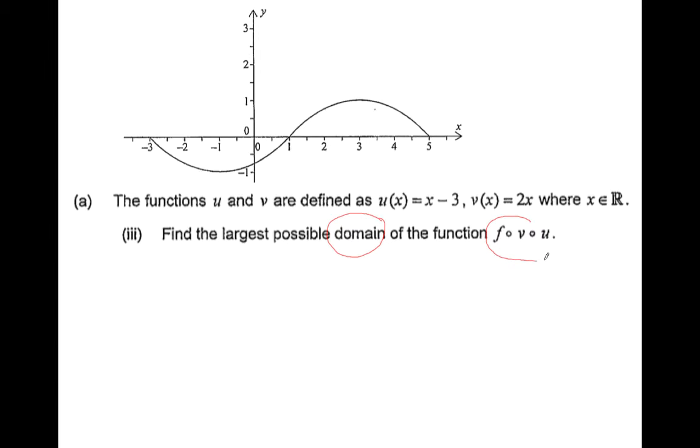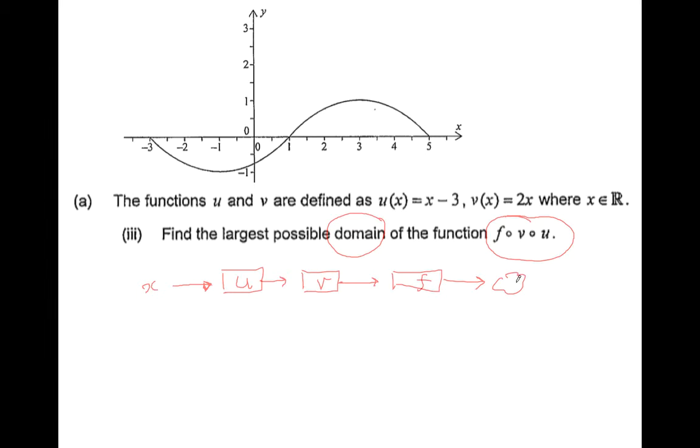For this overall function, that's quite interesting, because you would think that you could feed any x value into this and you'd get some kind of output coming. But if we just set this up according to the following, so x are the values of the inputs, the domain, and then we feed those into u, out of u, and then we feed that into v, and then out comes something, and we feed that into f, and then we get our final range for the whole function coming out.